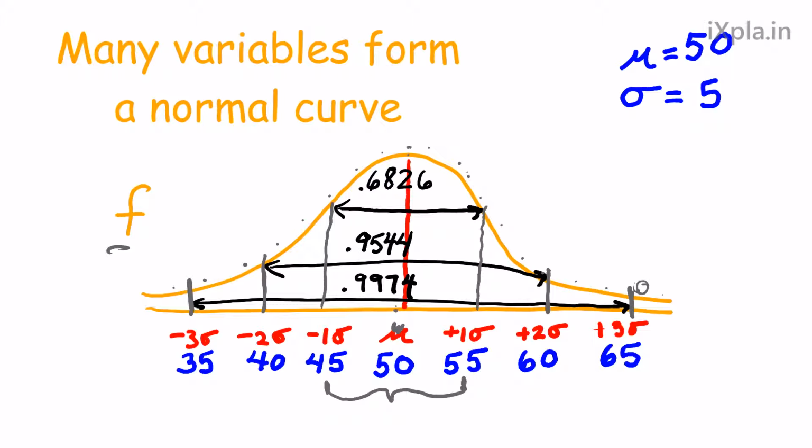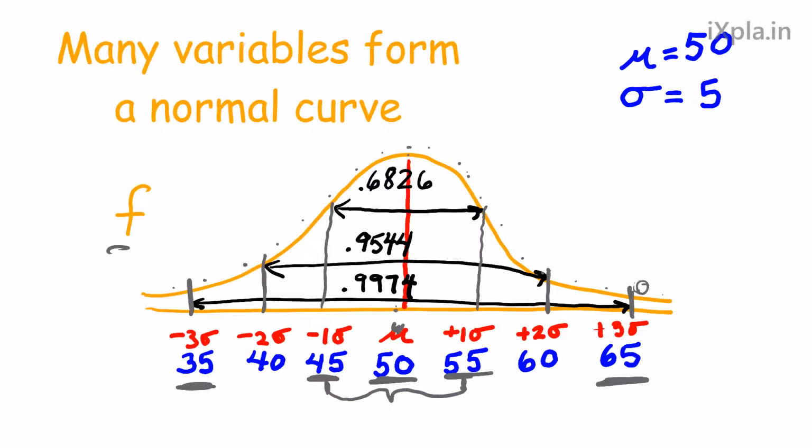So this gives you a sense of how common scores are. A score of 35 in this distribution is going to be very rare. A score of 65 is going to be equally rare. A score of 50 is going to be pretty common. A score of 55 is not rare, but it's less common than 50. Same thing for 45.